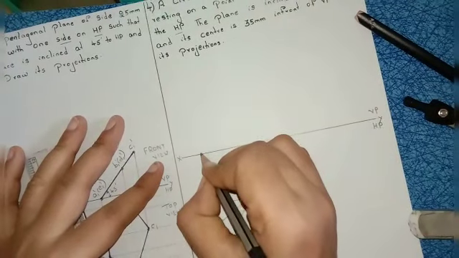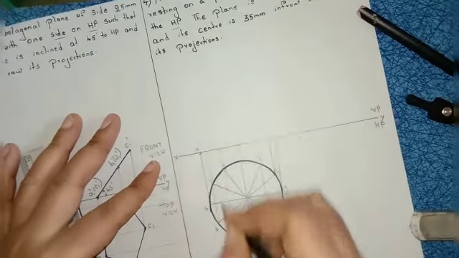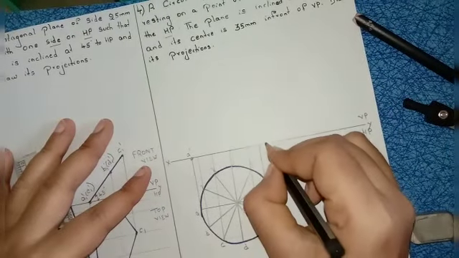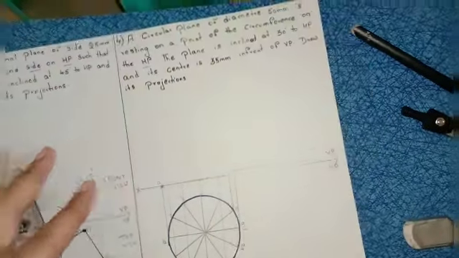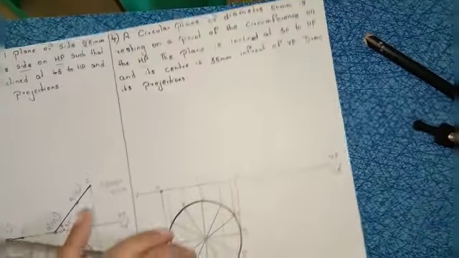Now what is the first point name here? A dash. What is the last point here? G dash. Now between A dash and G dash you should draw a straight line.